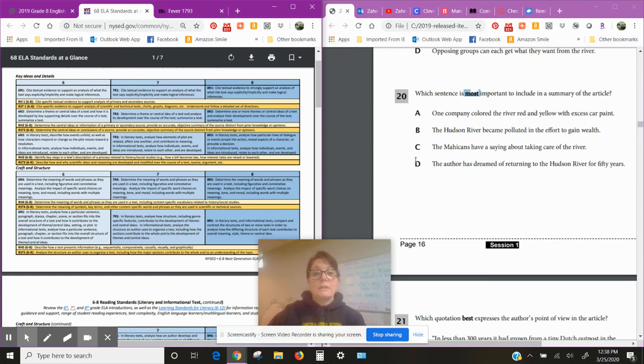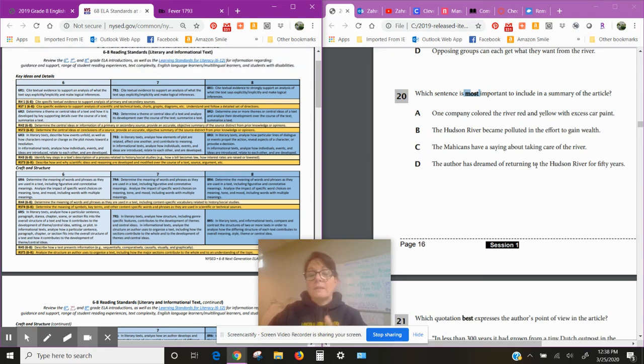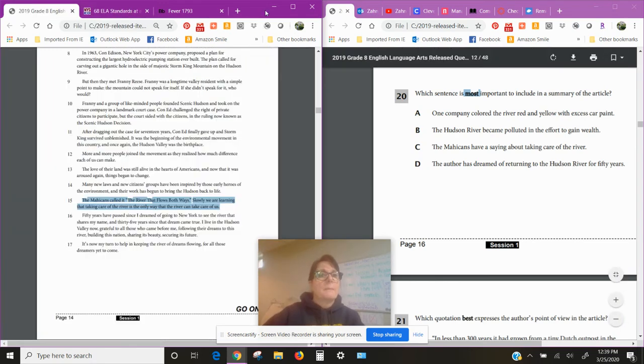Okay, so this is basically, what is the central idea of this text? What is the central topic? And then you're going to write a summary based on that. Which one of these 4 sentences must you include? Is the most important for you to include? All right, go ahead, take a second, write down what answer you think it is.